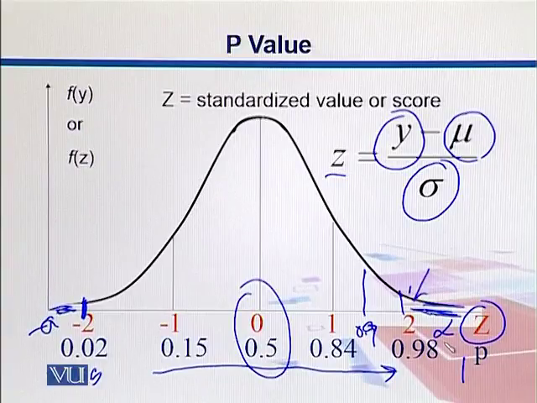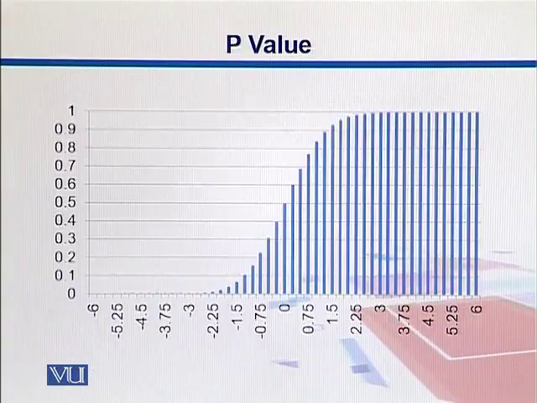Any values whose probability is in the upper 2%, or greater than 0.98, we call significant events. Here, less than 0.02, these are significant events. We observe some events, come up with some Z-scores, and try to get the probability of those Z-scores. So let's elaborate that with another curve.